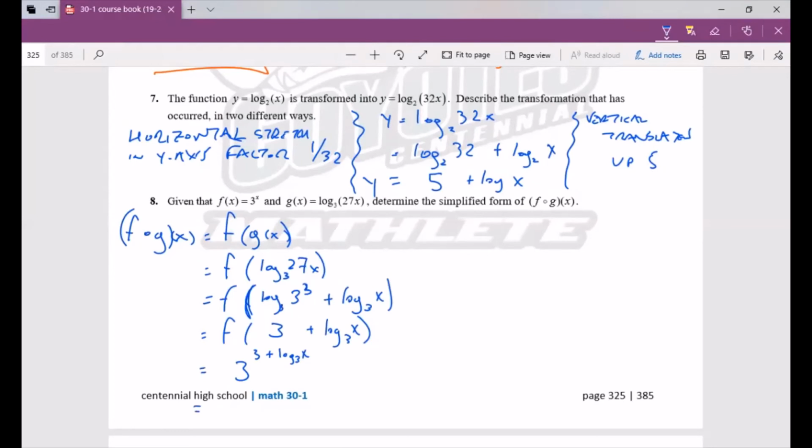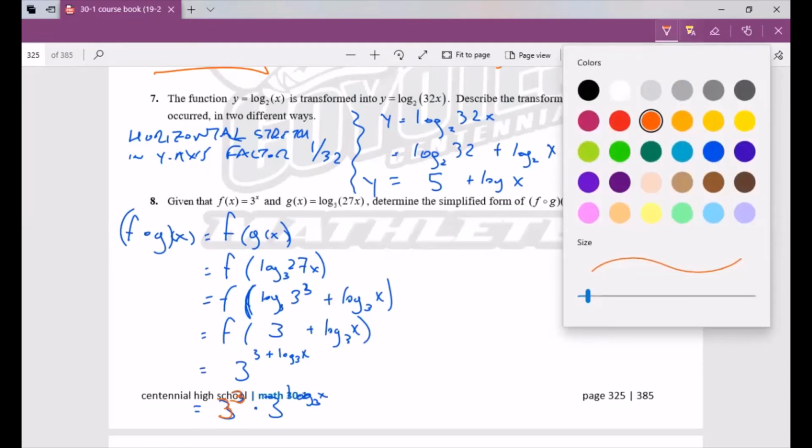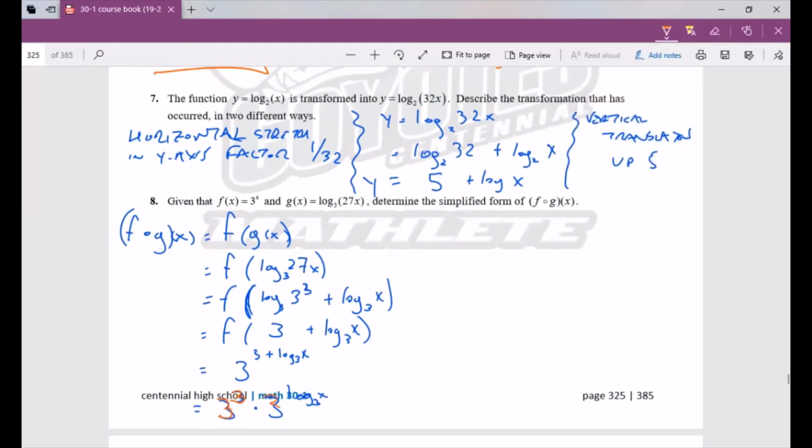Which ends up being equal to, we're adding these two things in your exponent, so this is really just 3 cubed times 3 to the log x base 3.